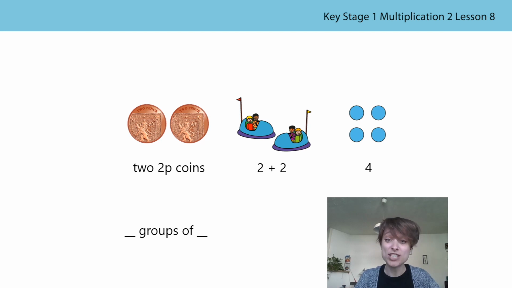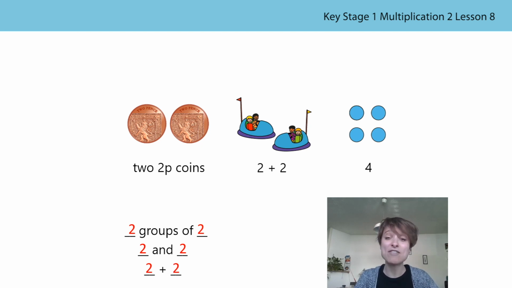Now, I want you to say the sentence stems with me, okay? So remember to speak loudly and clearly, otherwise I won't be able to hear you. Let's have a go. There are 2 groups of 2. There are 2 and 2. We can write this as 2 plus 2.